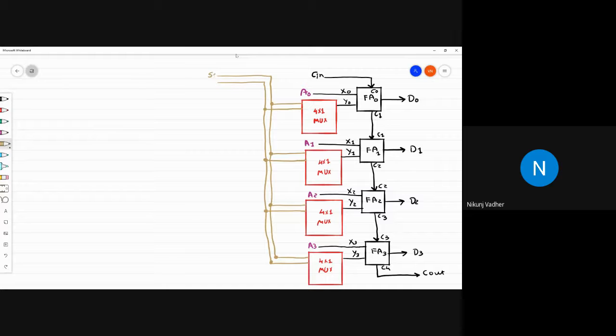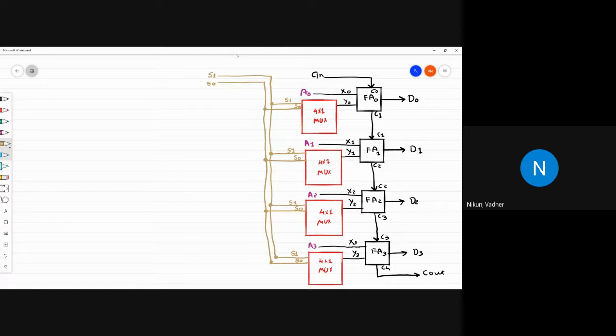So this is S1, this is S0. S1, S0, S1, S0, S1, S0. Here S1, S0. So a 4 cross 1 multiplexer is there, so there will be 4 inputs to each multiplexer.